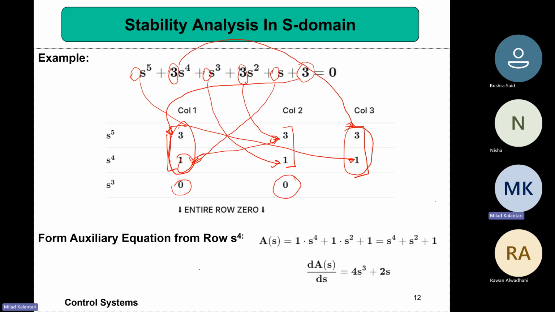And then the auxiliary equation in that case is we use the previous row to write it. And then again, we write the basically up to here. And then we write the auxiliary equation like this. And this S4 is coming from this row because this row was for S4.